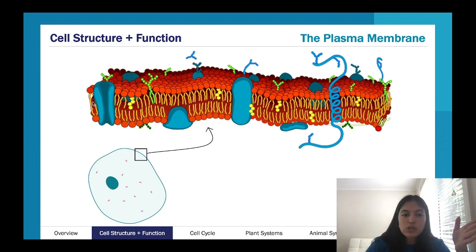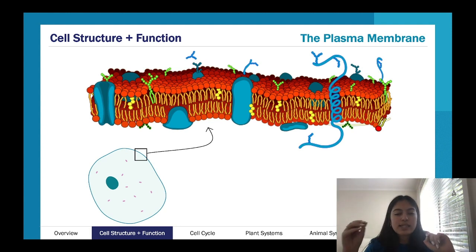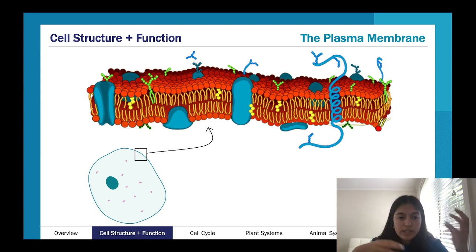You can see that it is 2 layers, which we'll talk about. We often refer to it as the fluid mosaic model. Again, that's something that may come up. I probably won't go into it in detail here, but it's the idea that the plasma membrane allows stuff to pass through it. And as you can see here, it's quite complex. It's got other bits in it as well.